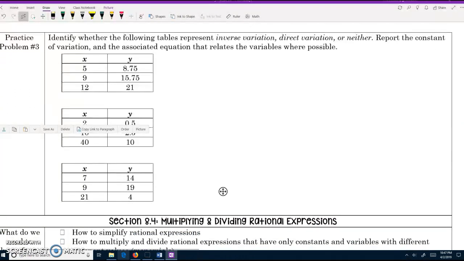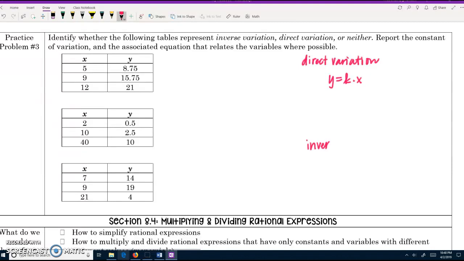The next thing we want to be able to do is to look at a data set from a table and identify if you have direct variation, inverse variation, or if you don't have one of those two specific relationships. So what you want to remember here is that when you're working with direct variation, the equation that you use is y is equal to k times x.